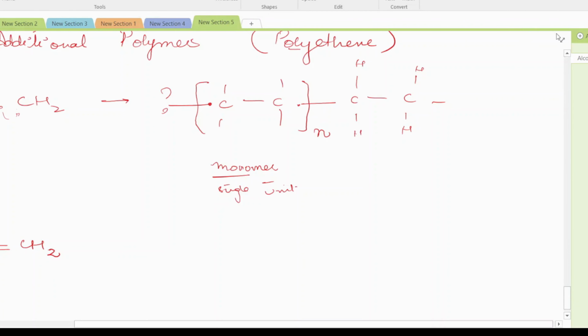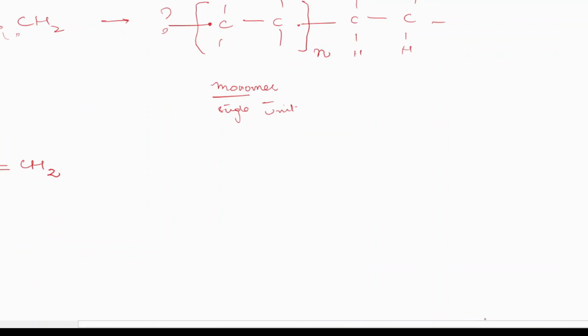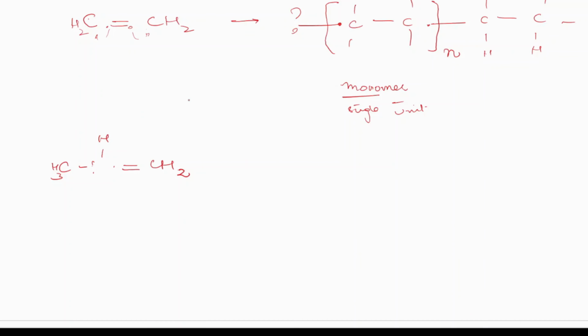Wait, this is propene. I want you to make a monomer. What change would there be in the monomer? Okay, make it. Now I want to see how you are going to make it.